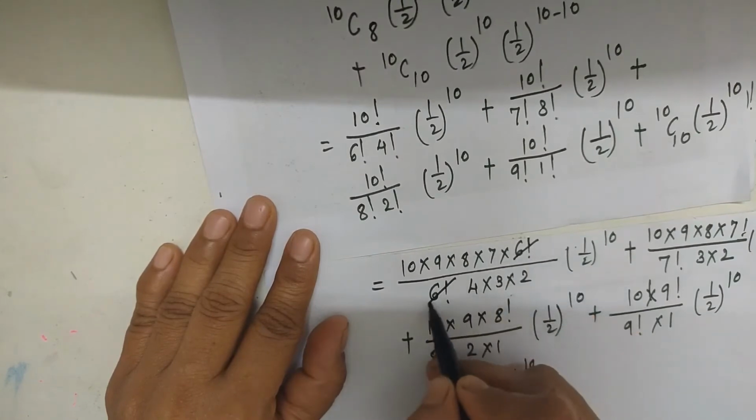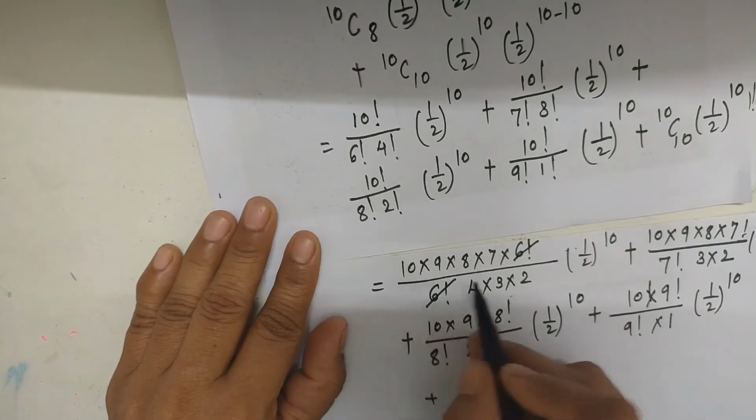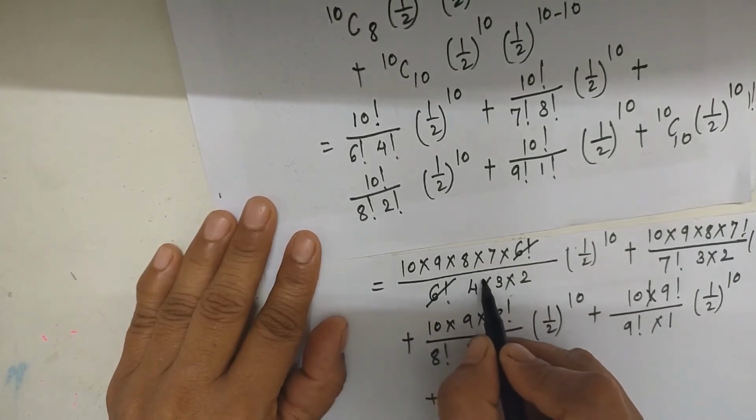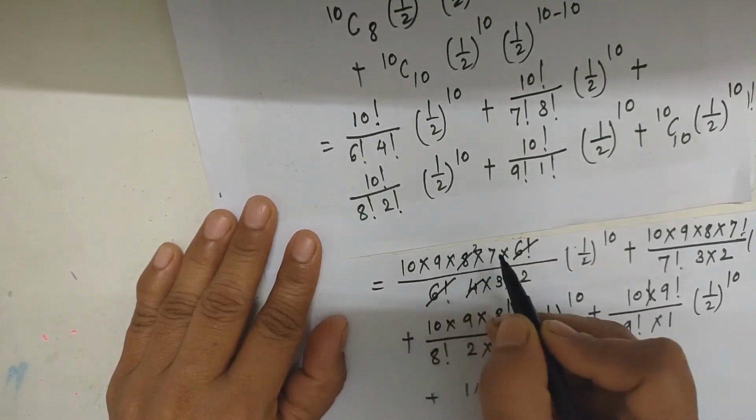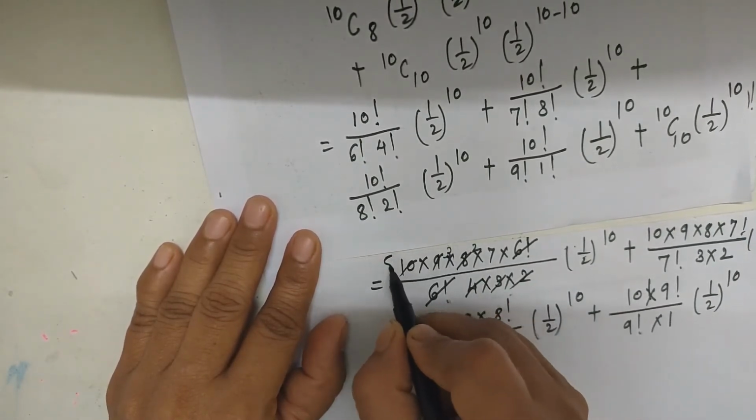Here 6 factorial will be cancelled in the first term, and the next division is 4 2s are 8, 3 3s are 9, and 2 5s are 10.